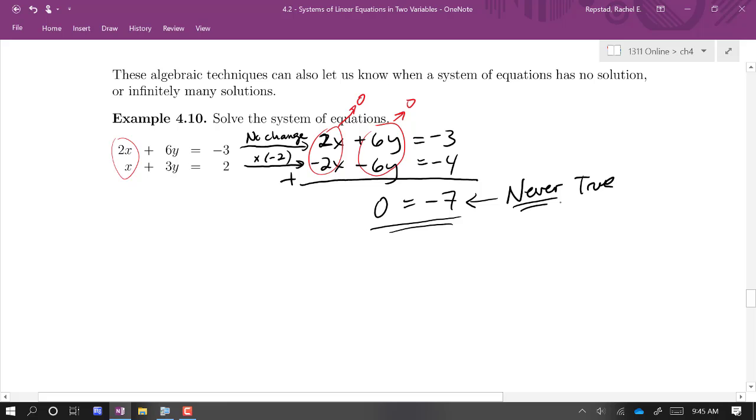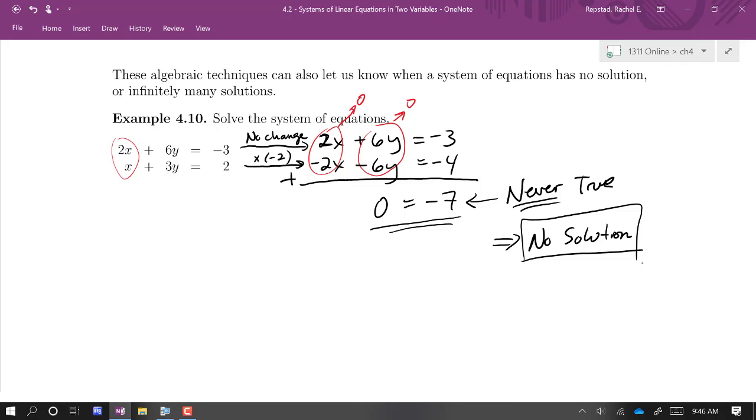There is not a value of x and y that you could plug in that's going to make 0 equal to -7. And so what that means is that there is no solution. If you graphed these two lines, they would be parallel lines, so they would never intersect.